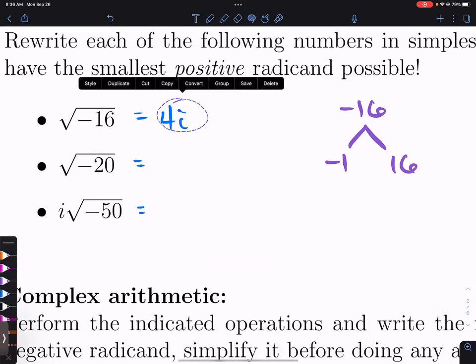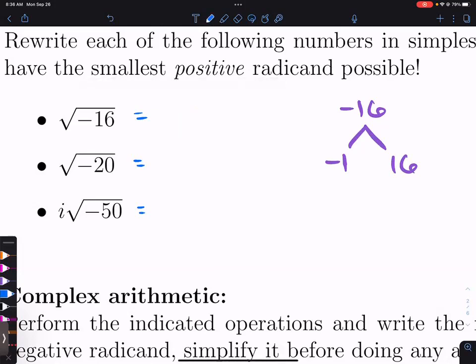Well, the square root of -1 is i, and the square root of 16 is 4. So basically, if you have a negative radicand, that means there's a factor of i there. So the square root of -20 would be the same thing as i times whatever the square root of 20 is, right?